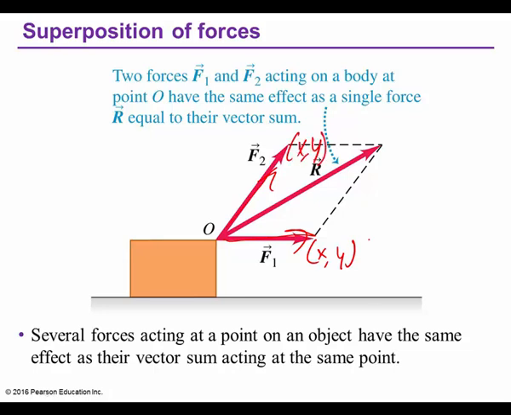Now let me ask you something. What are the Y components on this force vector right here? Zero, because we know the sine of zero is zero. However, this vector has both X and Y. This one only has X, I and J.